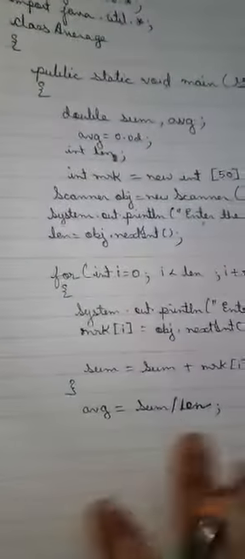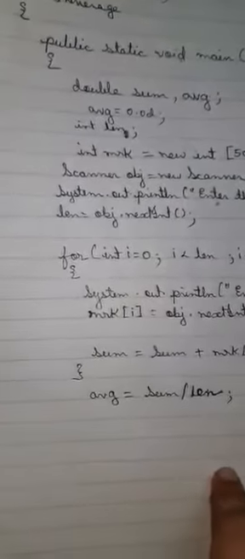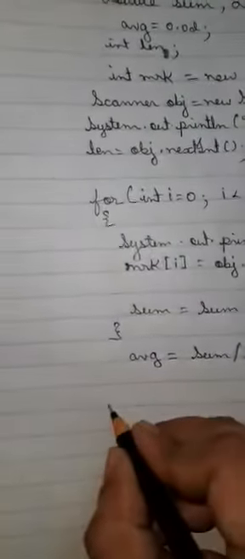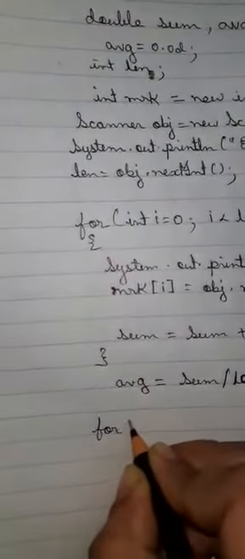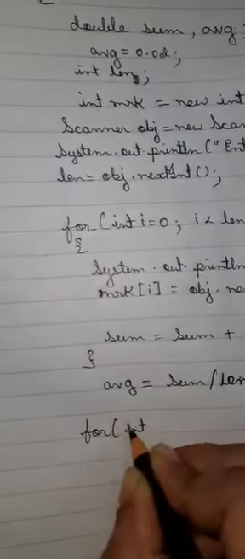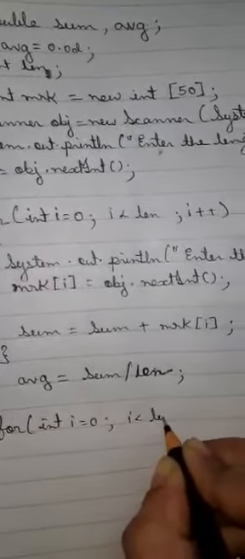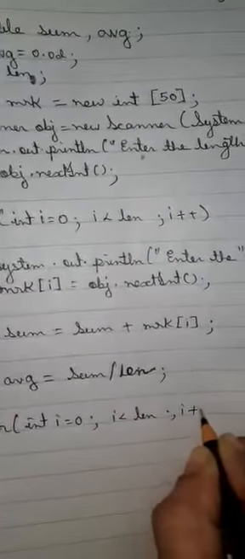Now we have to give the output. If you are giving only the average, there is no need for a for loop. But if you want to show the marks as well, the for loop should be there for the display of the marks. So for(int i=0; i<len; i++).